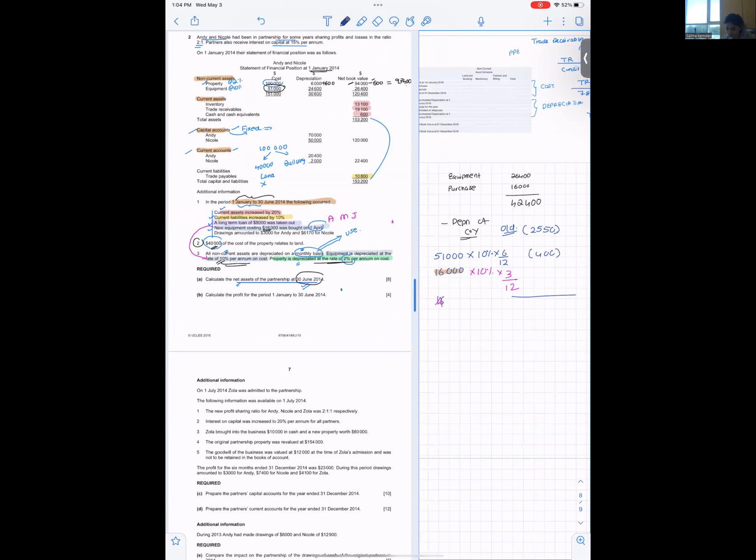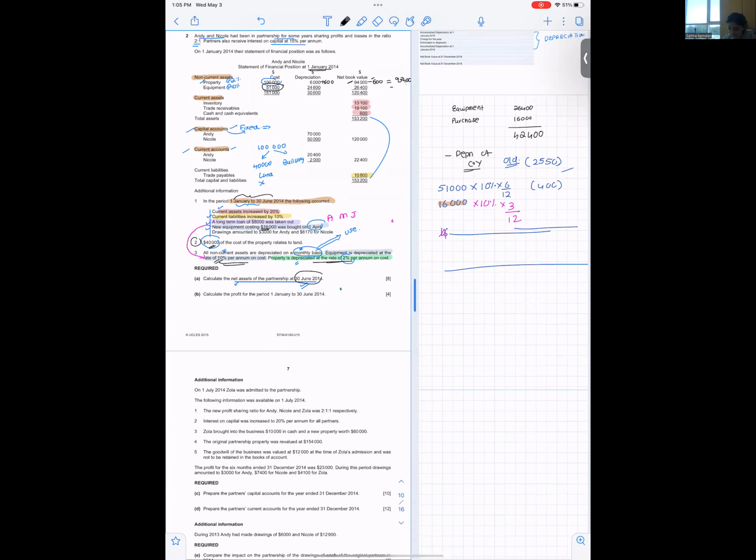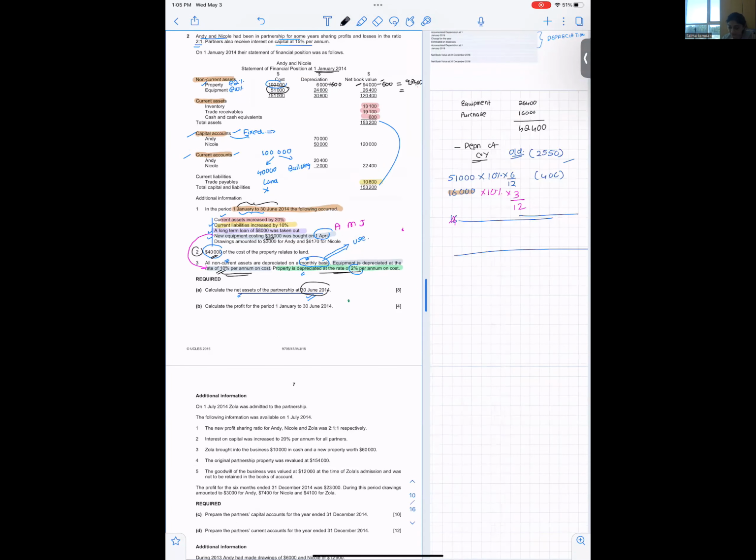So the new value of the equipment will be 42,400 minus 2,550 minus 400. So it is coming up to 39,450. Equipment is coming up to 39,450.